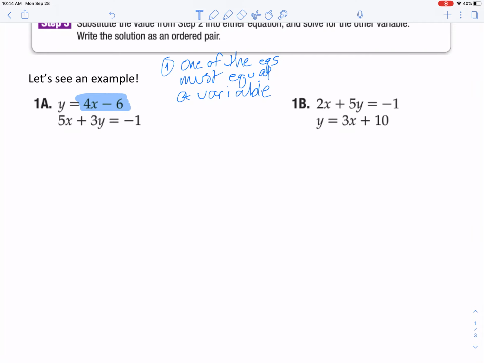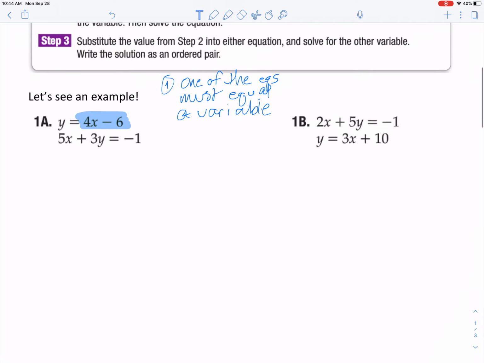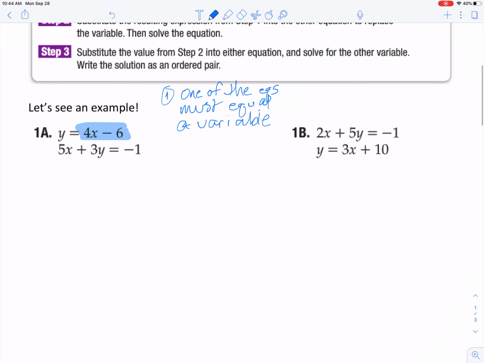Much like, think about this for a minute, if I told you y equals 3, you'd say, oh, okay, take this 3, plug it in for y, and solve. That's all you're doing. It's just instead of this time y equaling a number, it equals a whole mess of stuff, but you still plug it in the exact same. 5x plus 3, don't write y, instead write what y equals, and y equals 4x minus 6.